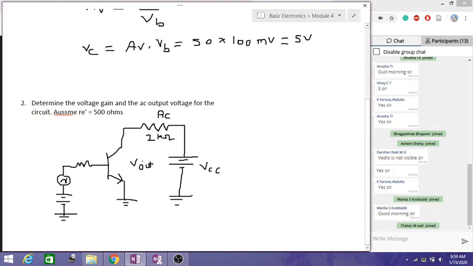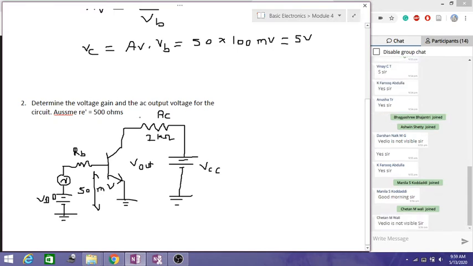Here the V out is nothing but, we can call this also VC. RB is not given here, and the voltage from this point to this point is given as 50 millivolts, and VBB is not given here. So anyway, that is all not required. So here we have to determine the voltage gain and the AC output voltage for the circuit.